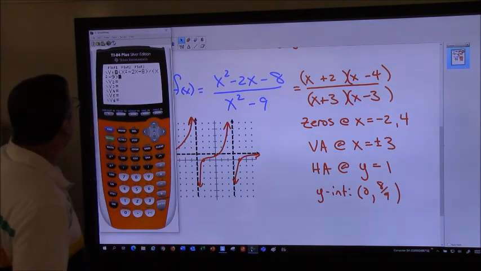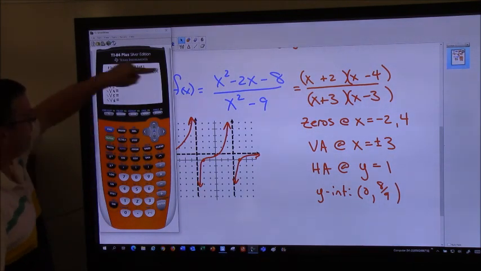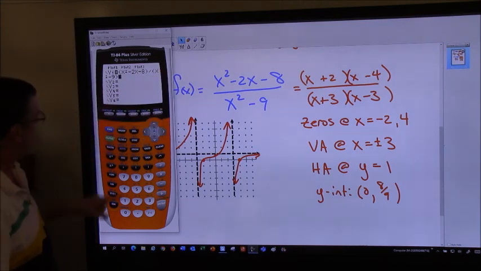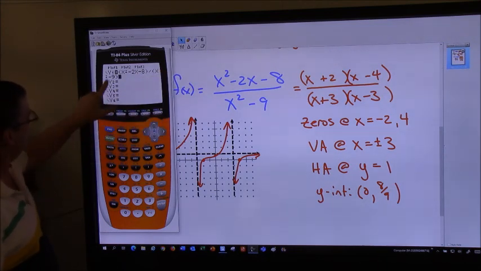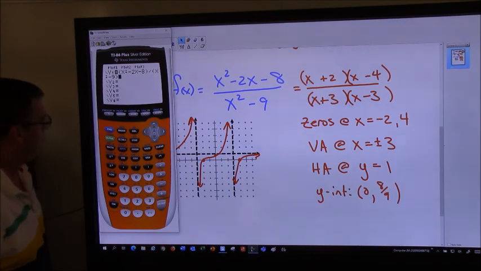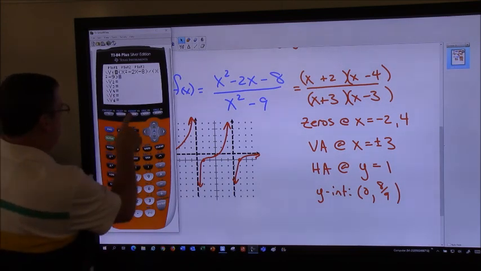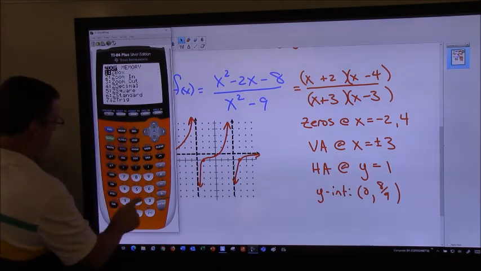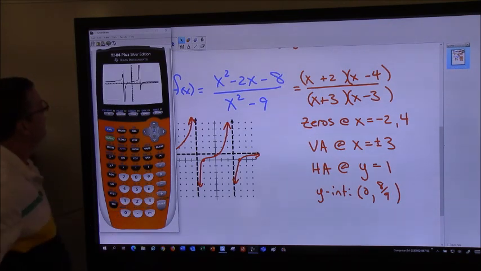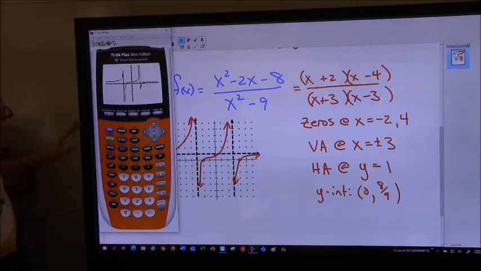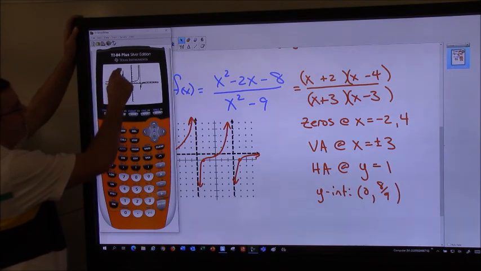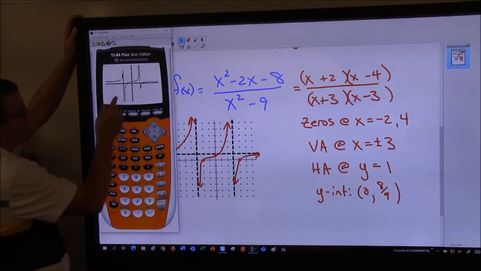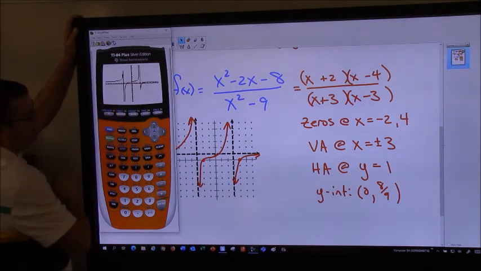So I was graphing this to see if it matches up with what we have there. I've already got the equation punched in. I'm going to go zoom option 6. And so there's what I get. Again, it's trying to connect the upper part to the lower part, so really that's where there's an asymptote. Same thing here.